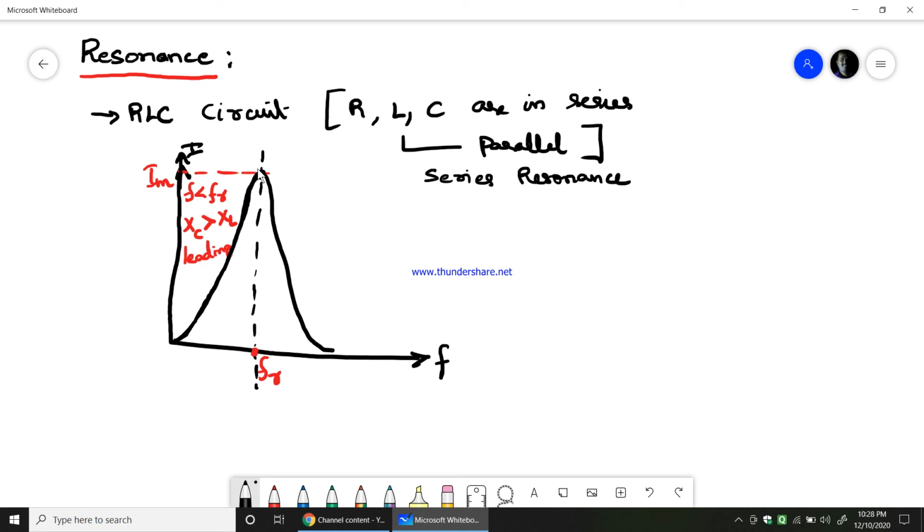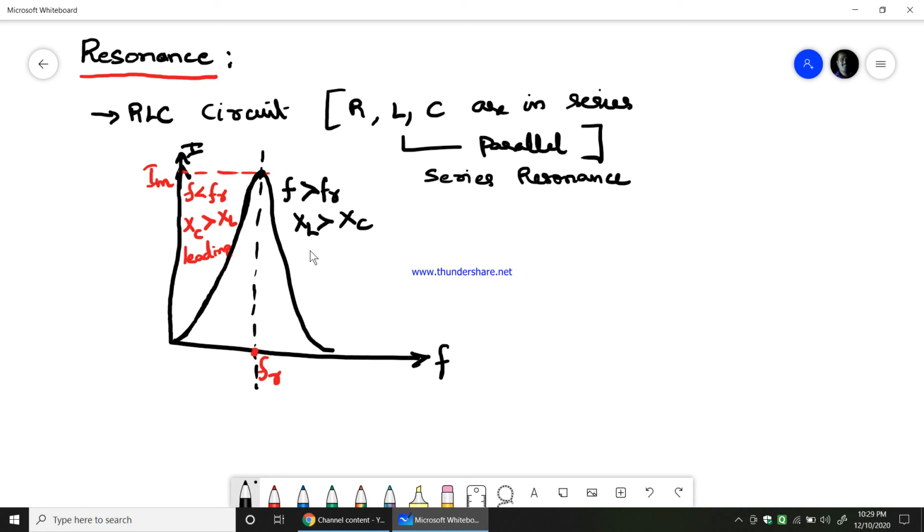After the resonant frequency, where the frequency is greater than Fr, the reactance of the inductance becomes greater than the reactance of the capacitance.